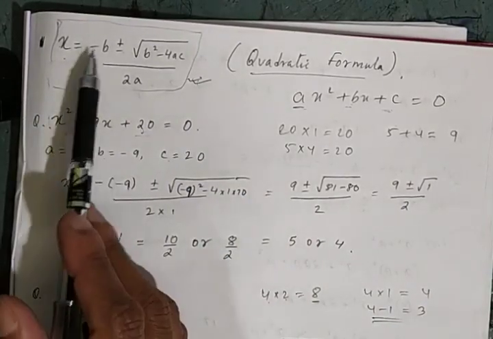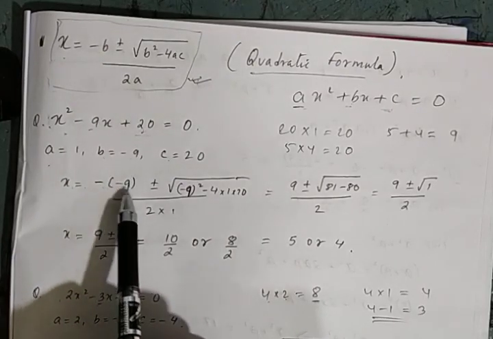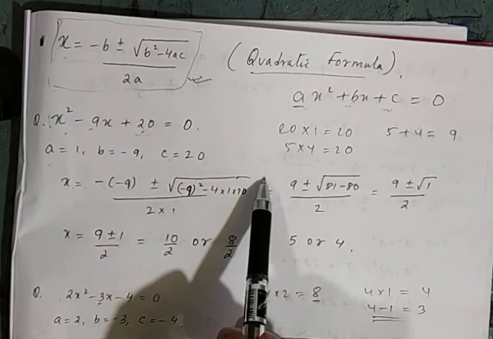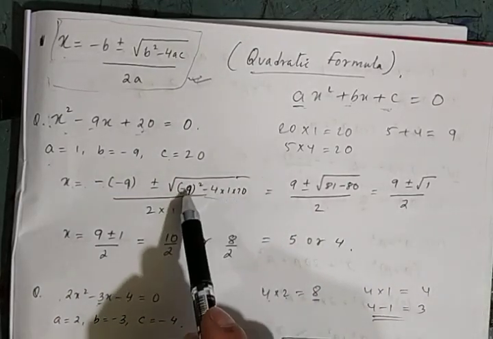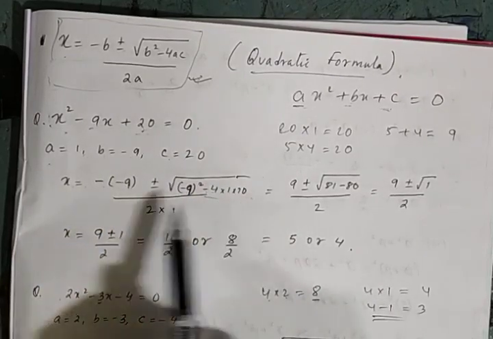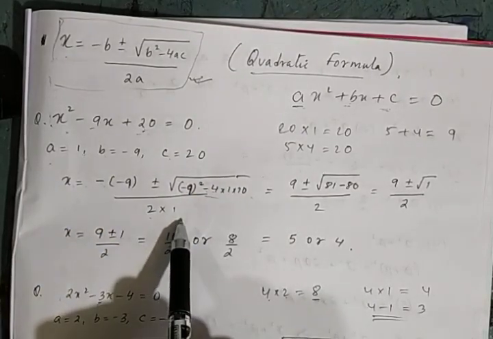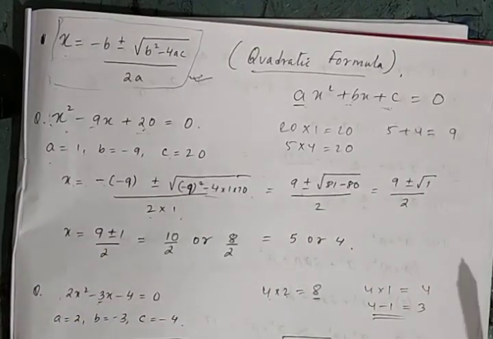Minus b, b is minus 9, so minus of minus 9, plus minus root over b square minus 4ac. B square is minus 9 square, minus 4ac, just put the values, divided by twice a. So when you calculate, minus into minus is plus. See how it is done.